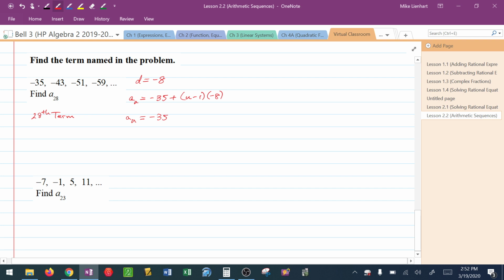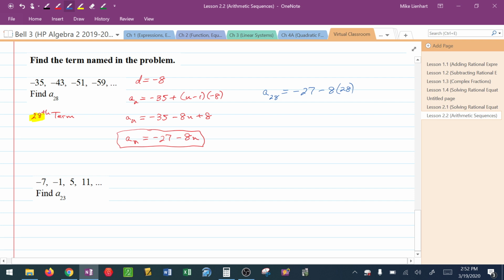I have negative 35 minus 8n plus 8, which would be a sub n is equal to negative 27 minus 8n. This is my explicit formula. They want me to find the 28th term. I know that that 28th term, or a sub 28, can be found by taking negative 27 minus 8 times 28.